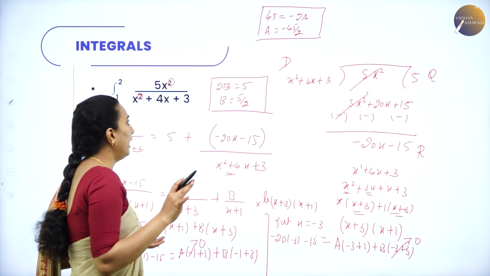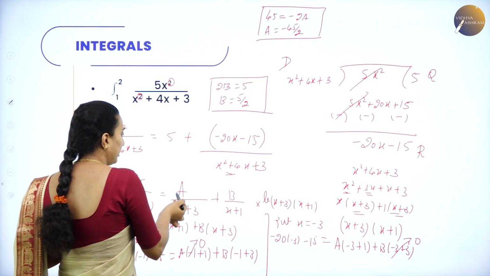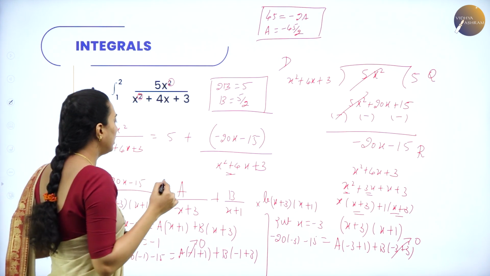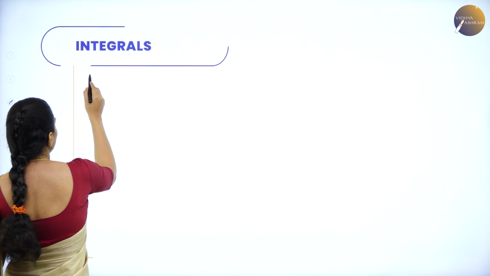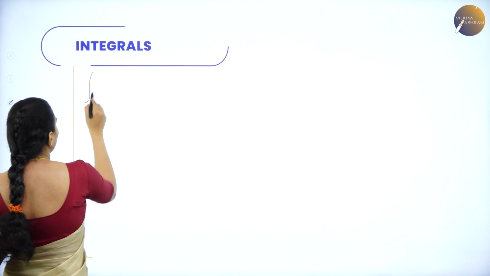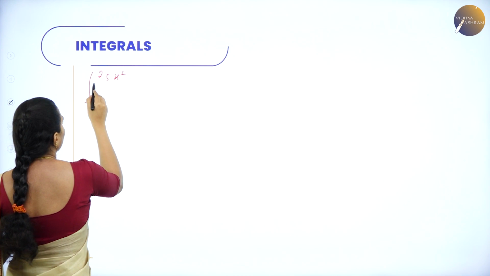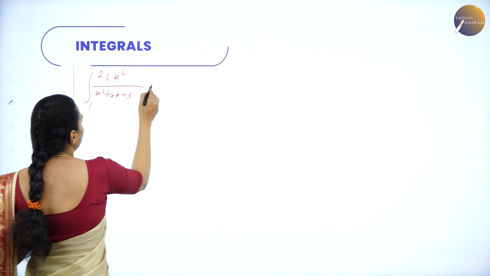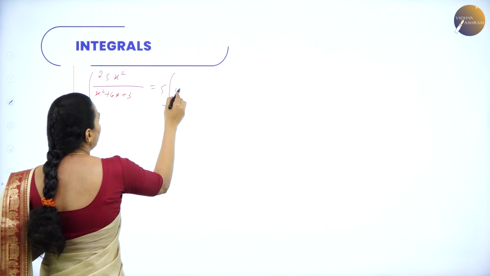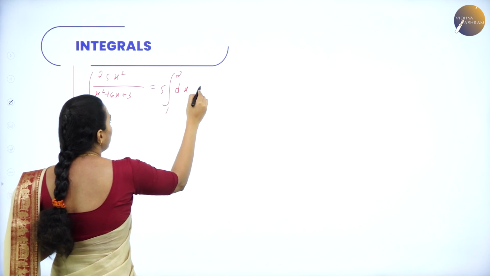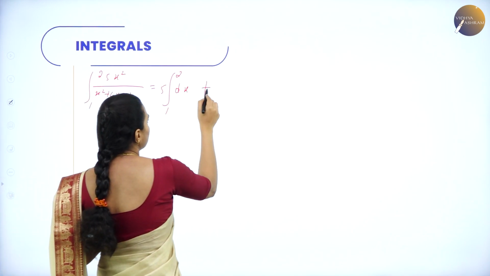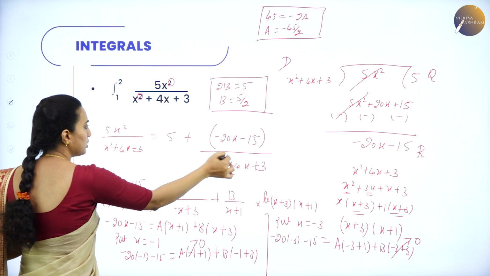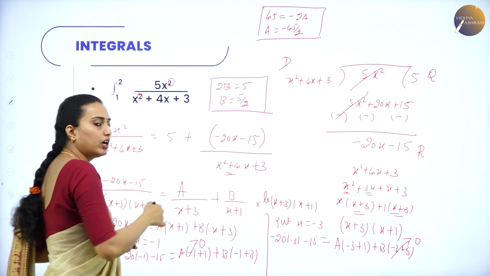Now writing that a and b value here and integrating. So the integral from 1 to 2 of 5x square divided by x square plus 4x plus 3 will become the integral of 5 dx from the limit 1 to 2, plus the integral of a divided by x plus 3, plus b divided by x plus 1.